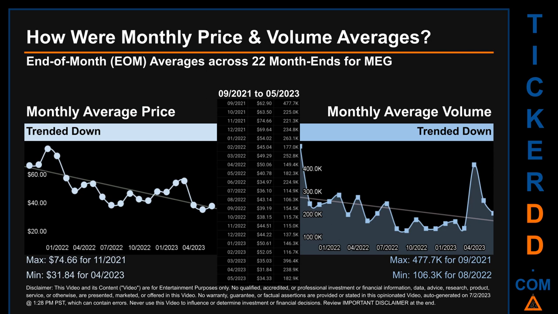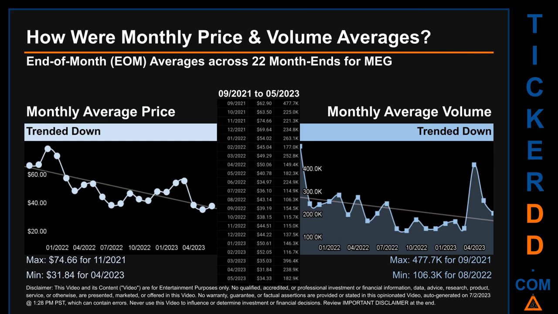How were price and volume averages for MEG? Across 448 trading days, there were a total of 22 month ends, of which monthly averages for daily price and volume were calculated. Overall, monthly price average trended down while monthly volume average trended down.